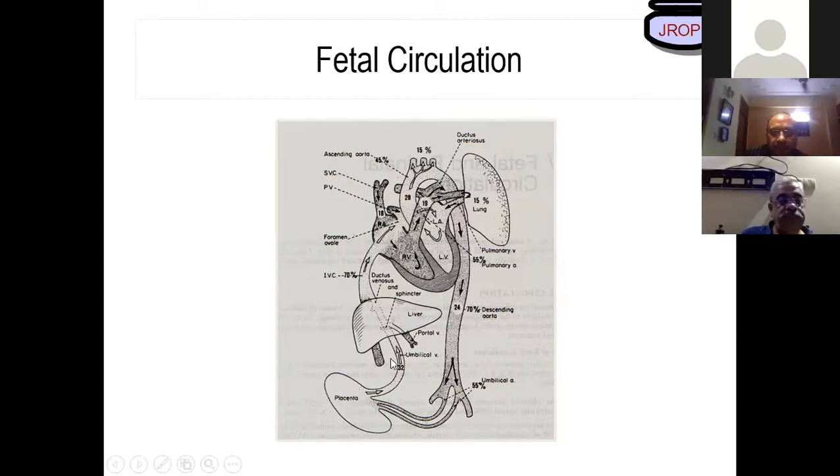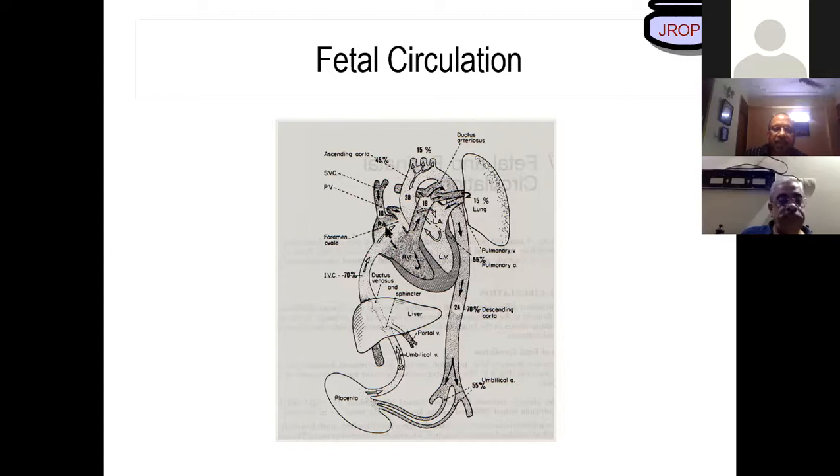That is the only place in the whole circulation where a vein carries purified blood. This is bypassed through the liver by the ductus venosus, and enters the right atrium. Once it enters the right atrium, a lot of this blood is transferred to the left atrium through the foramen ovale.